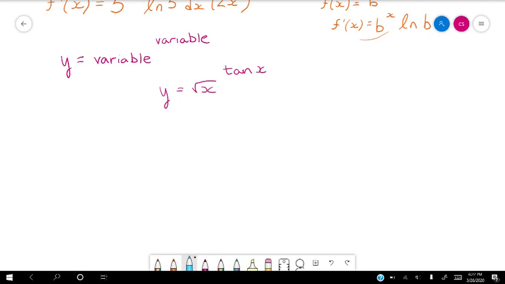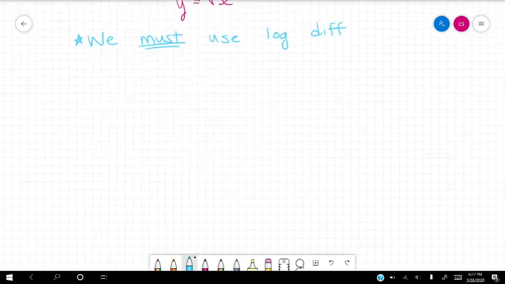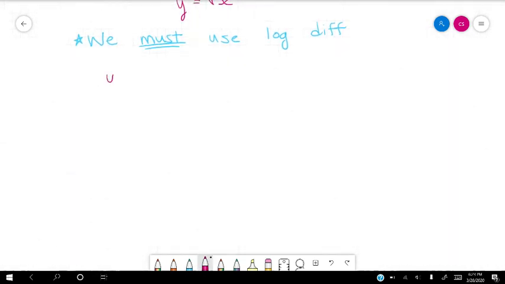So how are we going to solve this? We have to use logarithmic differentiation. Before, logarithmic differentiation was kind of optional. It just made our life easier. But in this situation, variable raised to a variable, we must use logarithmic differentiation. There's no other way to find the derivative. All right, so let's see what it looks like. Let's consider this example. y equals variable x raised to the cosine of x.